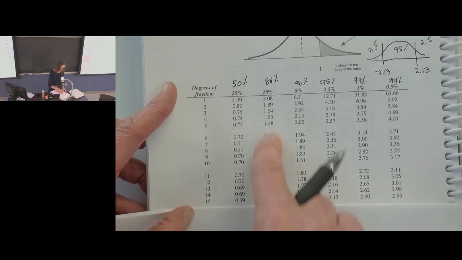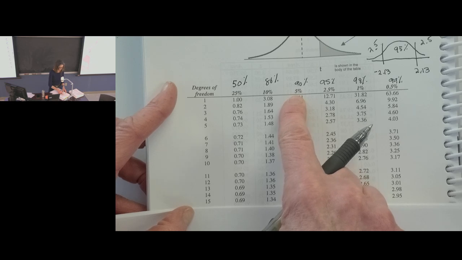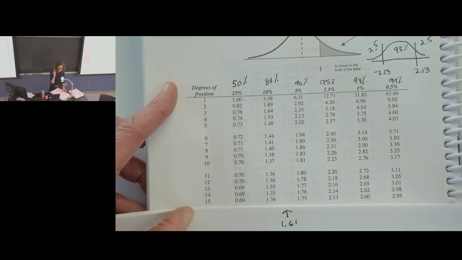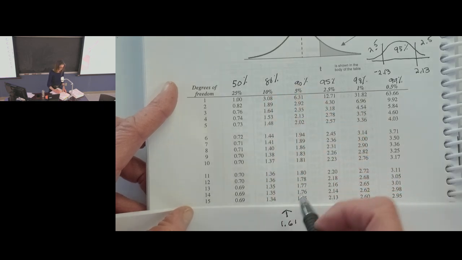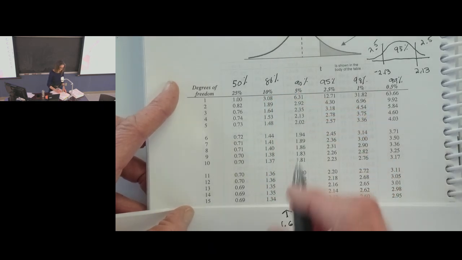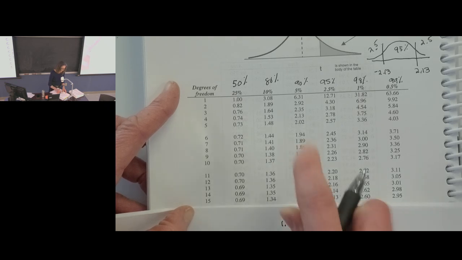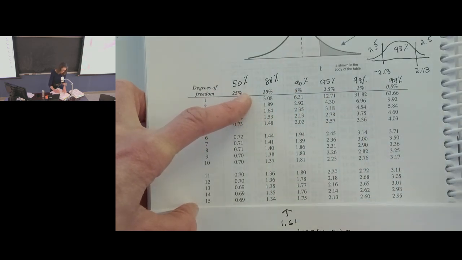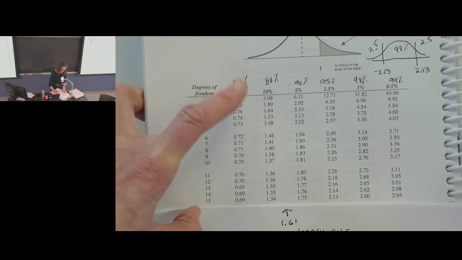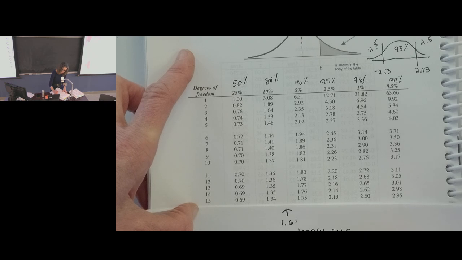So you look up here, and this tells you, this is what we actually wanted this time, just the right-hand tail. Okay? So it tells us that our p-value is just between 5 and 10%.